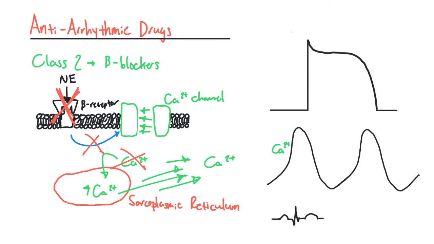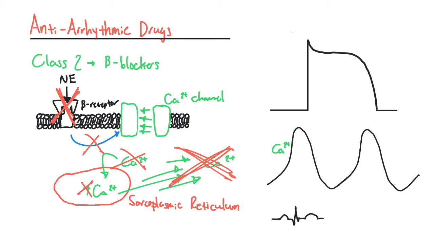And this will prevent calcium from entering the cell, preventing the increase in calcium in the sarcoplasmic reticulum, and overall inhibiting the calcium-dependent calcium release. So by administering a beta blocker, you're going to prevent and slow down this early depolarization of this action potential.